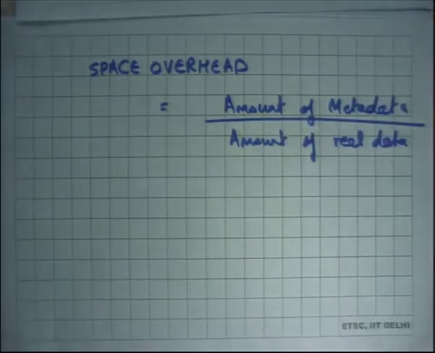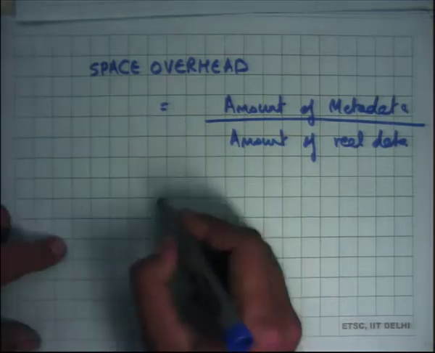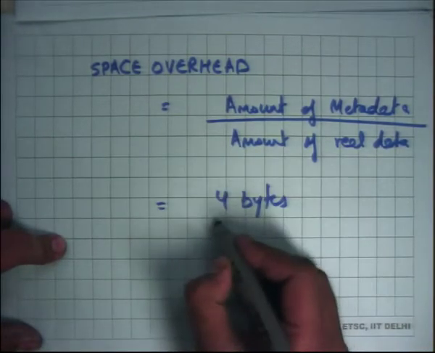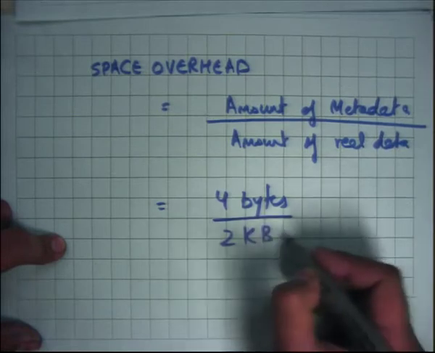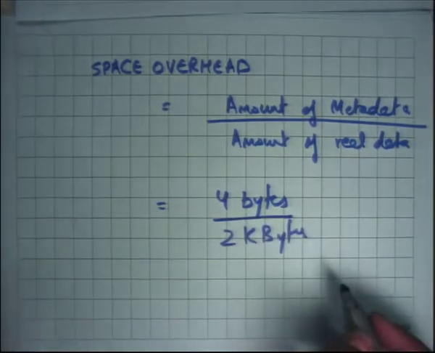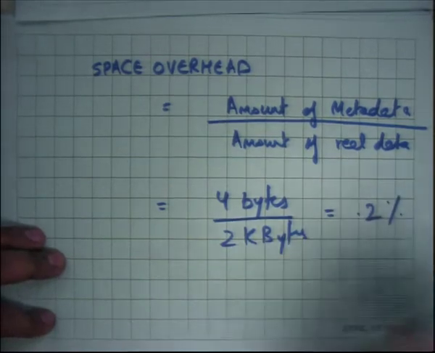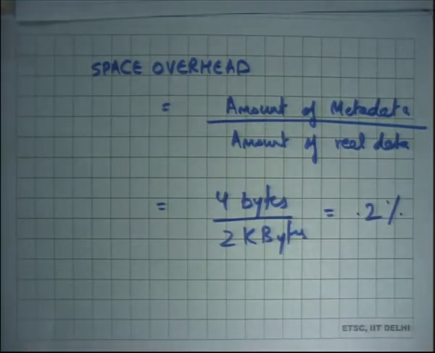So how much metadata is stored per unit of real data in this file system? Well, I'm storing, let's say, 4 bytes per 2 kilobytes. Let's say I'm using a 2 kilobyte block, then that's roughly 0.2%. Right? So that's not too bad. That's the space overhead of this file system.